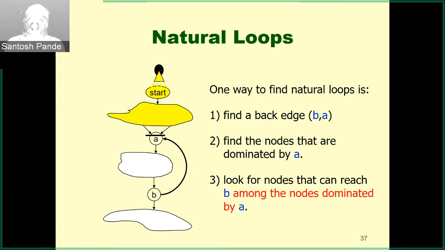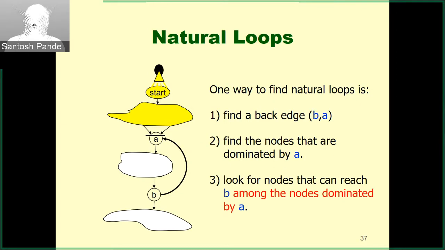So that step is independent of the dominator tree, but the next step, to find the nodes which are dominated by A, I need the dominator tree, because just by looking at the DOM sets, who all is dominated by me is not clear. It's a reverse relation to that. So I must find that using the dominator tree. So remember here, again, the dominator tree will be needed for number 2.